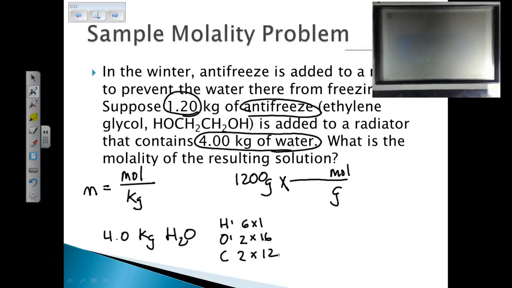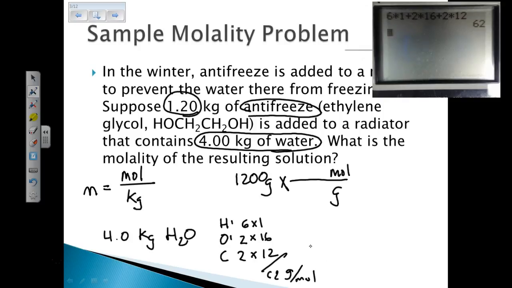So to find the molar mass, we do 6 times 1 plus 2 times 16 plus 2 times 12. And so that molar mass here is 62. The units are going to tell us what we do here. That's 62 grams for every 1 mole.